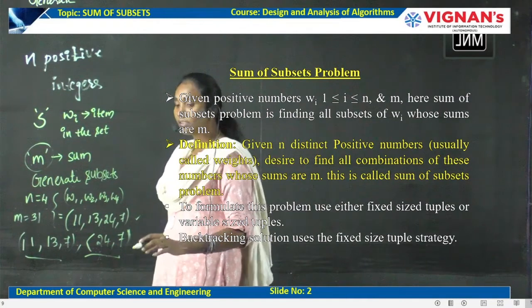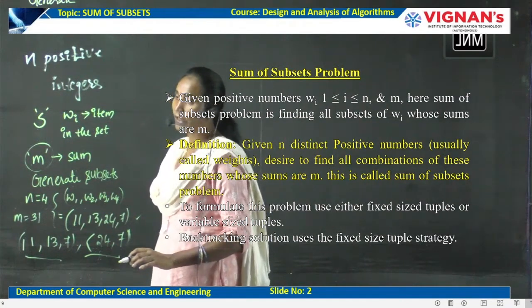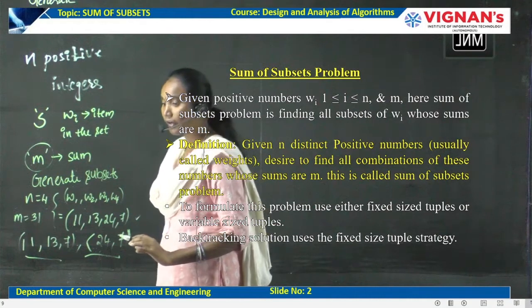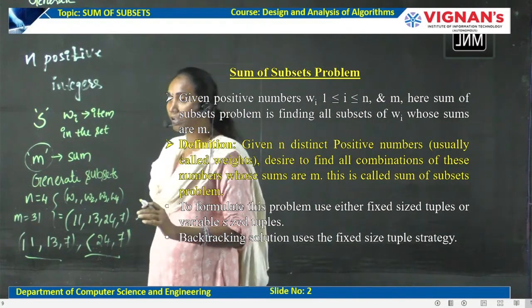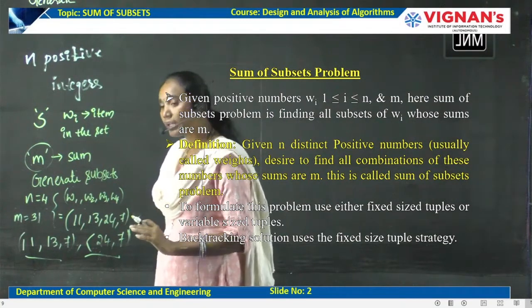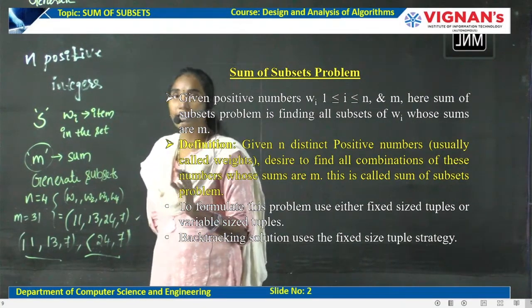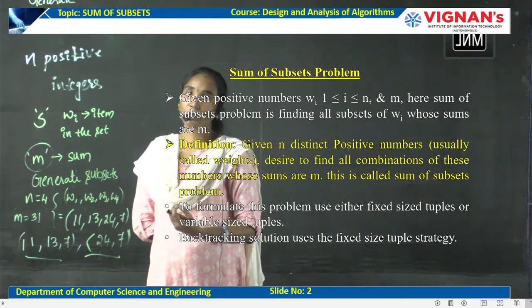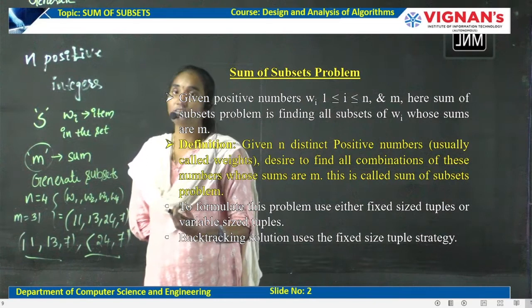Now the same tuple solution I can also represent with the help of 1 and 0. If I have taken a particular weight, then the xi value is 1. If I have not taken a particular weight, the xi value is 0.